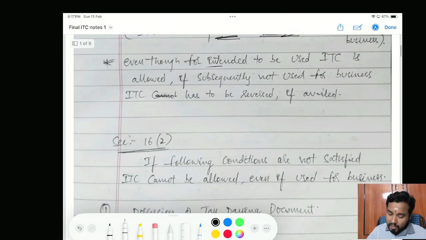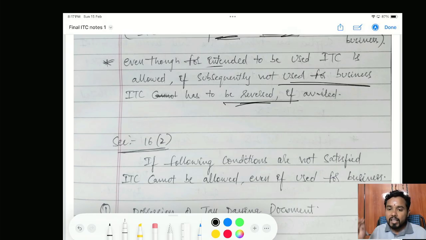But subsequently you have not used it for business purpose, then you have to reverse the ITC. So the important catch here was, at the time of purchase, if you have an intention to use it in the course or furtherance of business, you can avail the ITC. But subsequently, if you have not used it, then you have to reverse it. The linkage for this aspect will be there in section 17 subsection 5, blocked credit, as well. There once again I will link this aspect.